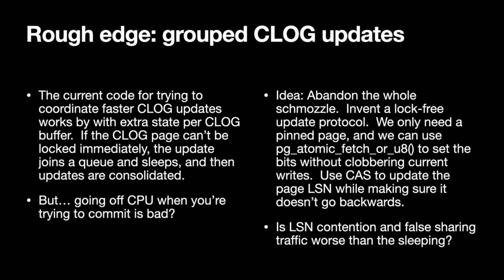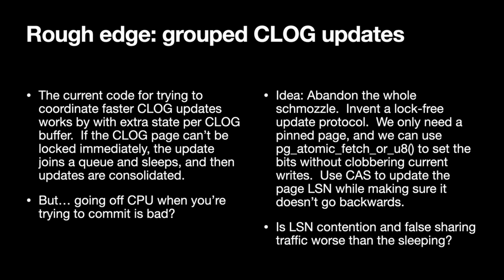Another thing that I ran into, and I think this is more of an opportunity, I hope. I don't have code for this right now. I have ideas, but there is a grouped clog update mechanism. When you commit a transaction, we write to the log, the WAL that is, and then we update the clog to say that transaction committed.